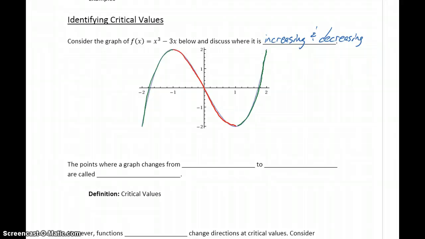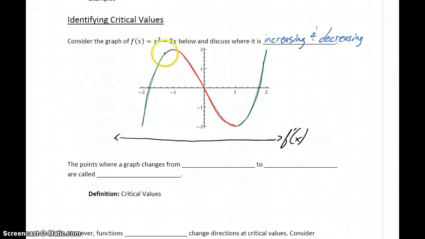So we can look at describing that behavior by constructing a sign chart for the first derivative of our function. What we should be able to identify here is that at this point where our function changes from increasing to decreasing, there's an instant where we have a horizontal tangent line. And the same thing when our graph changes from decreasing to increasing, we have a horizontal tangent line.